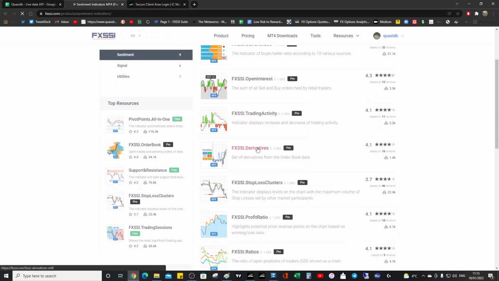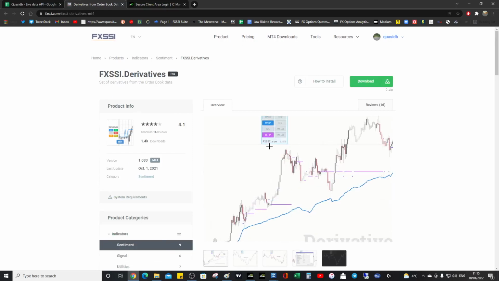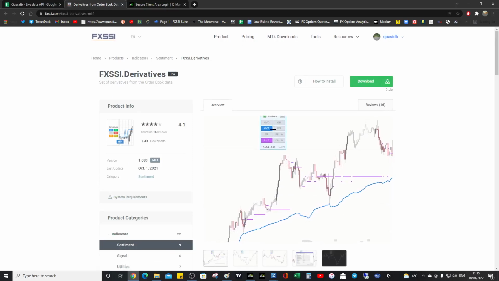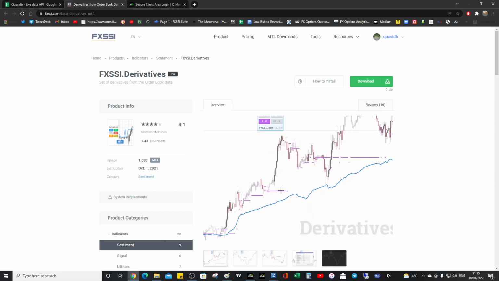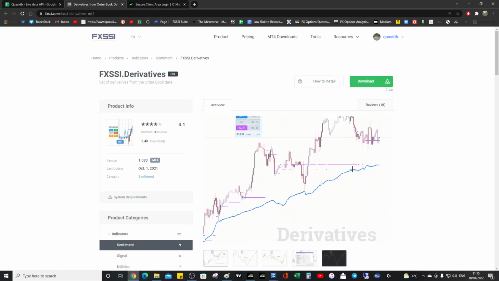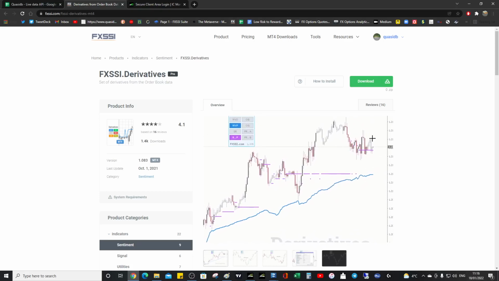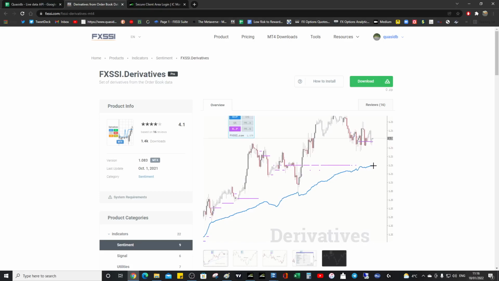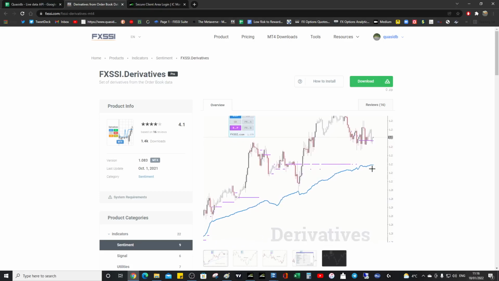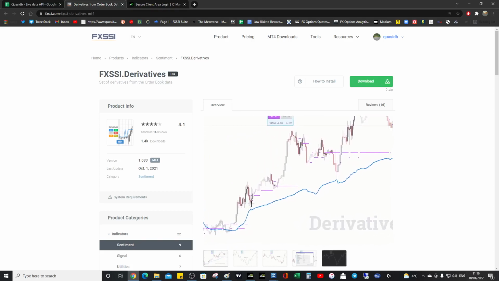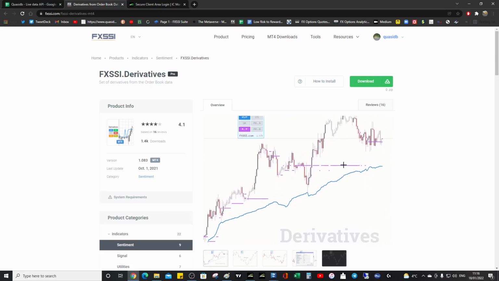Derivatives. Now the really cool thing about the derivatives is a thing called the median volume buy positions, and we can think of it like a VWAP, where it tells us the volume of the done money, and we can use it for price to cross the MVP, and that could be a good signal. So we currently would be bullish because we're above the MVP line, all right?